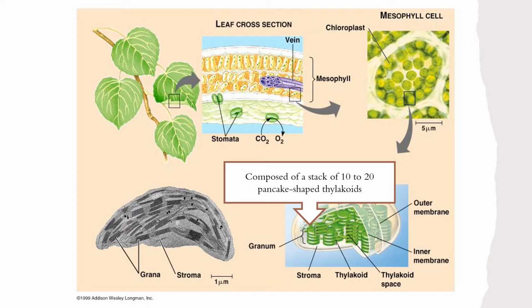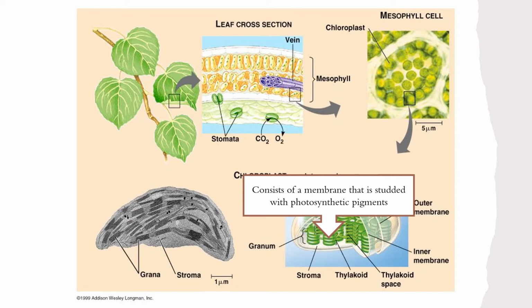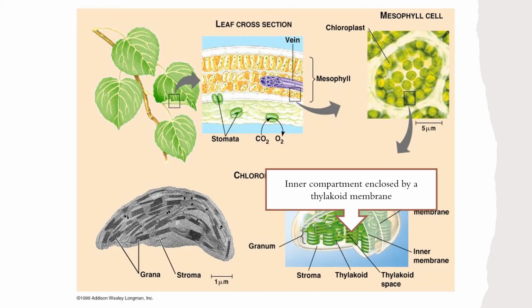The singular form would be granum, each composed of a stack of 10 to 20 pancake-shaped thylakoids. Thylakoids, as you can see here in the picture, consist of a membrane that is studded with photosynthetic pigments. The thylakoid space is the inner compartment enclosed by a thylakoid membrane. Those are the most important parts of the leaf in terms of photosynthesis.